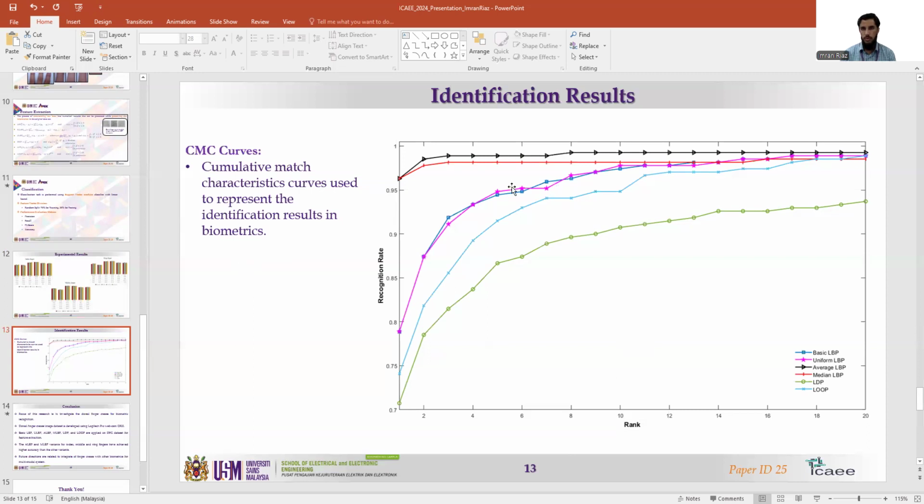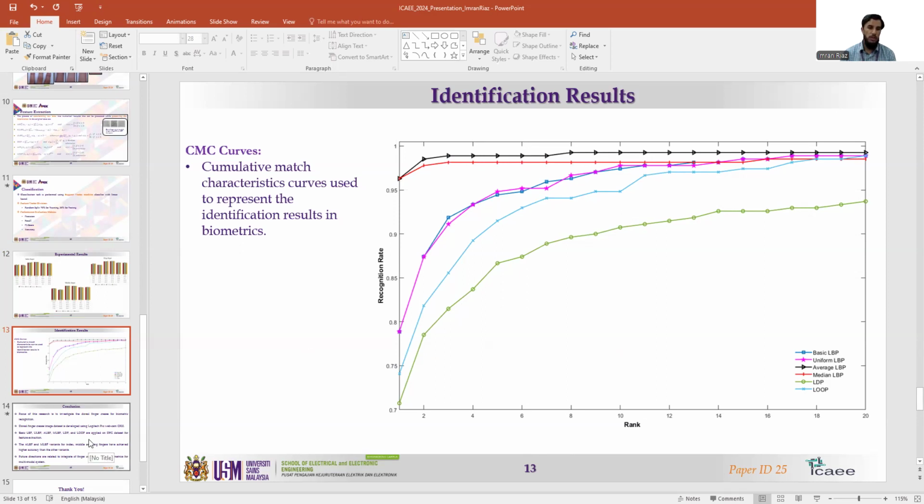Also in identification results, after classification results, you can see that again, the median LBP and the average LBP both are giving the best results, the highest identification recognition rate for all fingers as compared to basic, uniform, LDP, and loop.